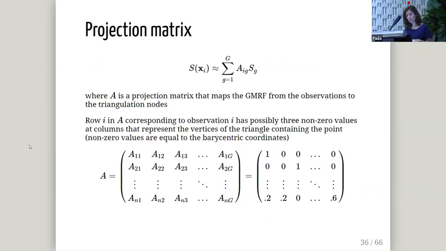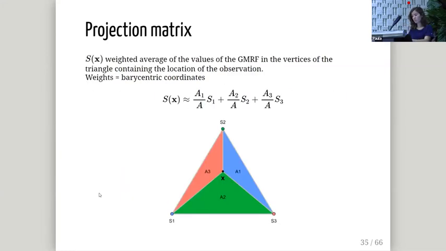And this projection matrix maps the continuous Gaussian Markov random field from the observations to the triangulation nodes. So this is the matrix A. It has n rows and g columns. N is the number of observations we have, the number of points. And G is the number of vertices of the triangulation.